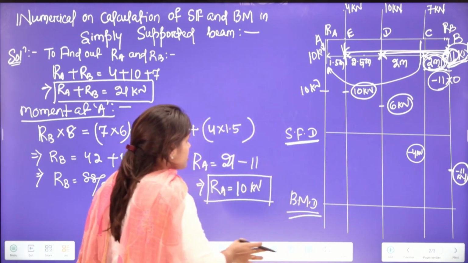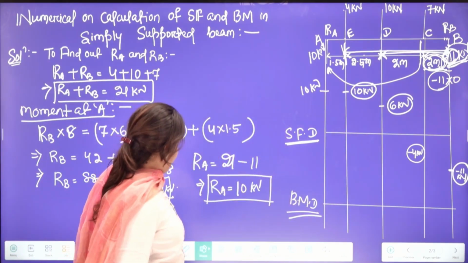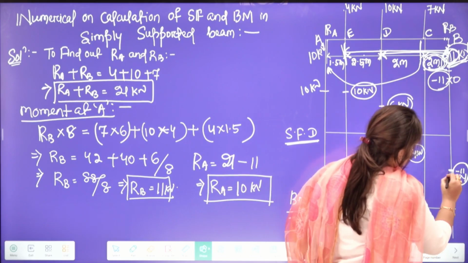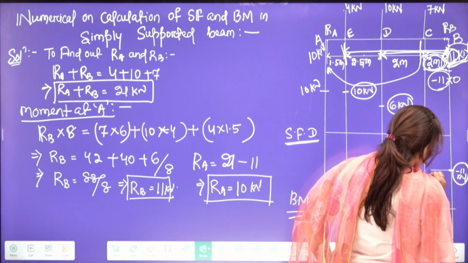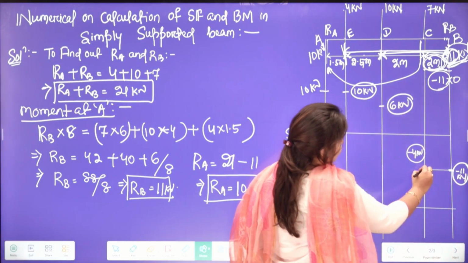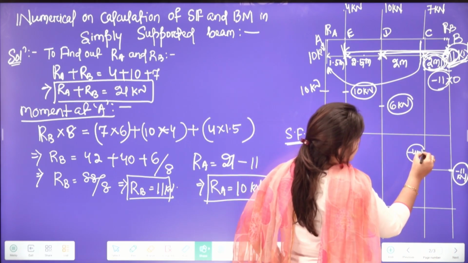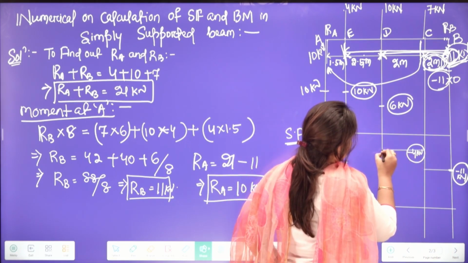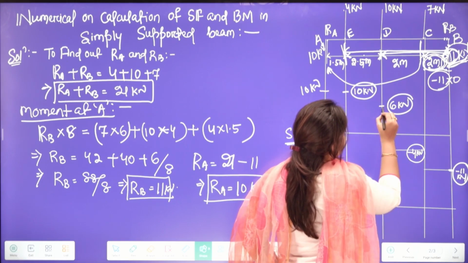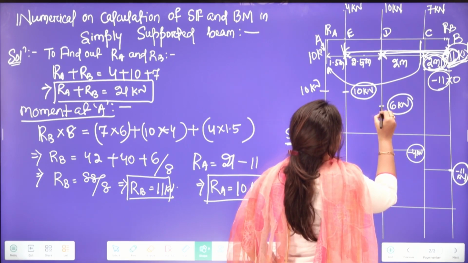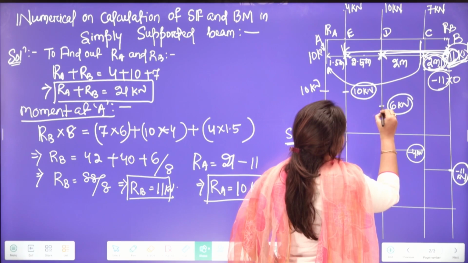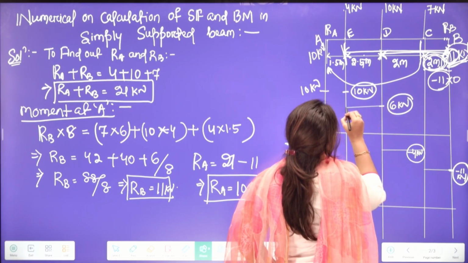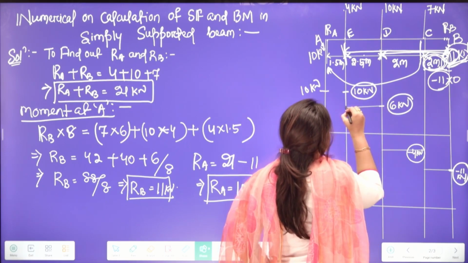If we join this, we can have whole things here. These to this. Next, from here to here, this. Here you are having 6 kilonewton. Let's increase this.